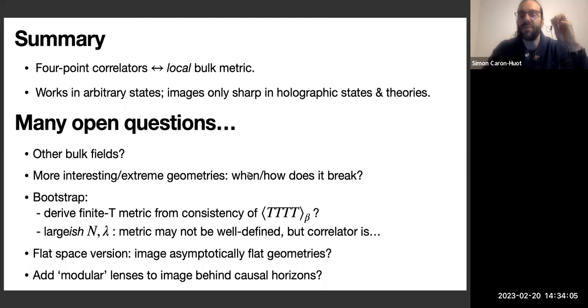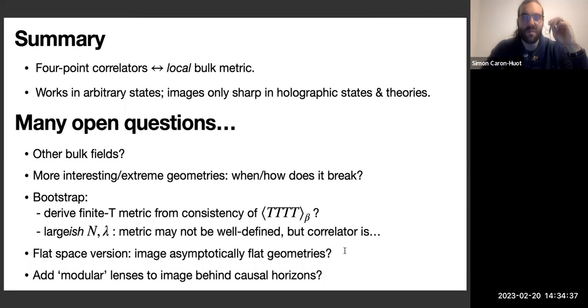It's interesting to understand how it breaks down. Possibly there was nothing particularly crucial about being in asymptotically AdS space here. You could do similar things in asymptotically flat space, throw in gravitons and particles, try to do scattering in the background of a black hole, for example.